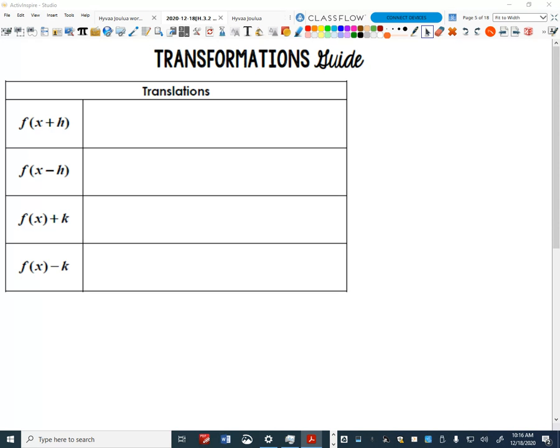That's correct. Okay, so that's going to shift us h units to the left, right?